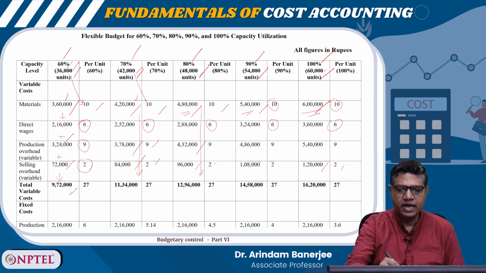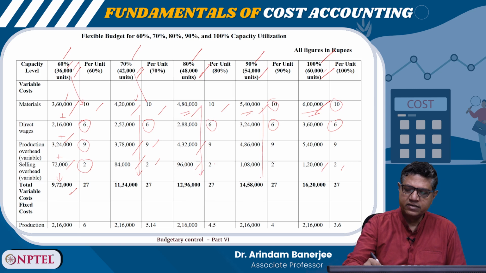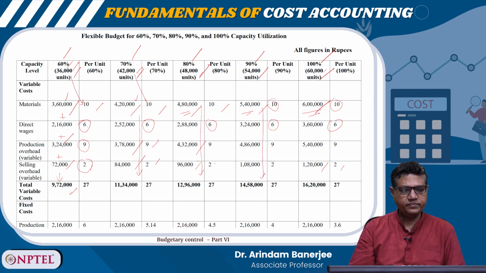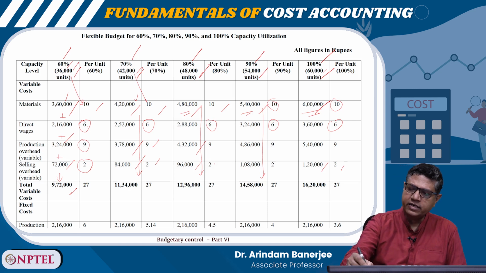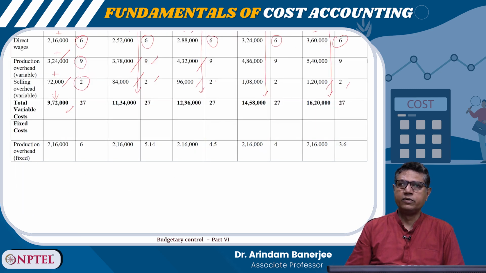By adding this, I am getting 12,96,000. Adding at 90%, the total variable cost is 14,58,000, and at 100%, the total variable cost is coming at 16,20,000. Fine. So, we can calculate the total value of the variable cost.